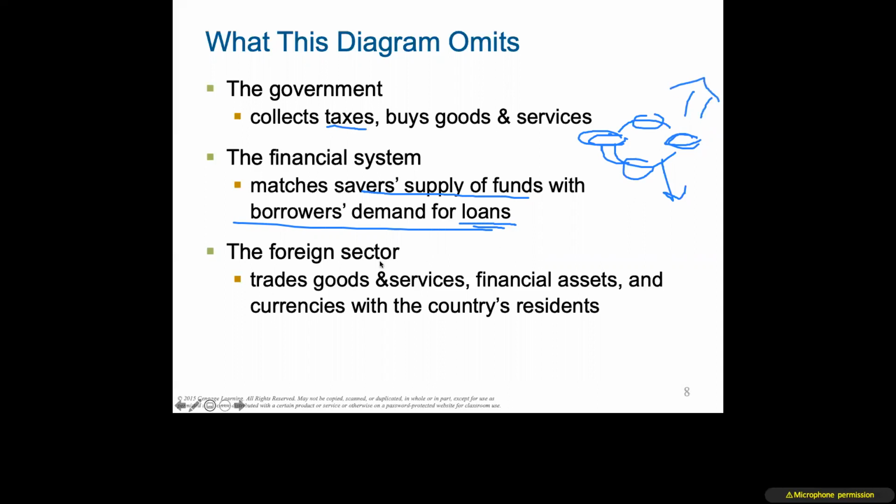And then, of course, there is the foreign sector. They are in here too. They are bringing in goods and services right in here, aren't they? And they are also involved in providing money into the financial aspects of this as well. So although the circular flow diagram does show us the United States, it does omit certain factors, and it's important to remember those.